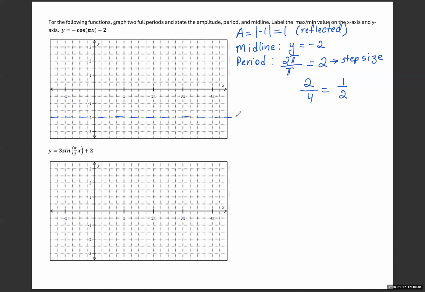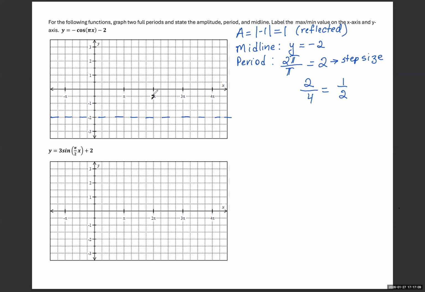Now, what does not work is the actual x-axis labels. The period for our function is 2, but my x has labels in pi's. That doesn't work. So let's go ahead and fix that. So instead of pi, the actual period will be 2.